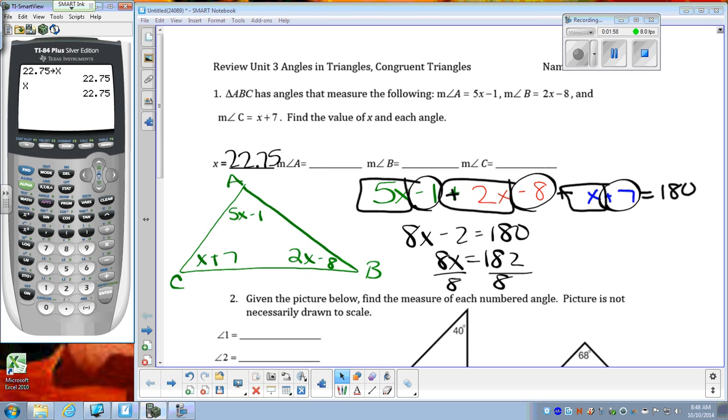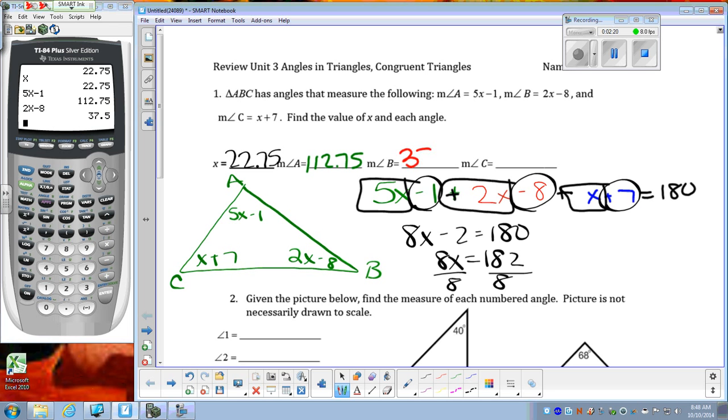So then I'm going to use that to find A. 5x minus 1, and I can use x because the calculator knows x is 22.75. So I know that A is 112.75. B, 2x minus 8. B is 37.5 degrees.